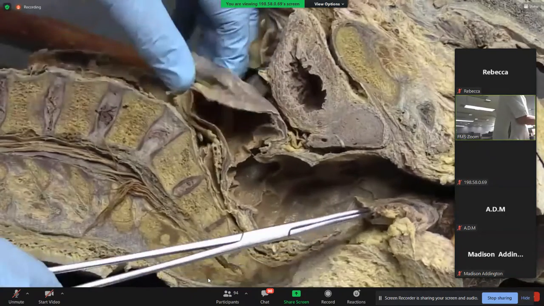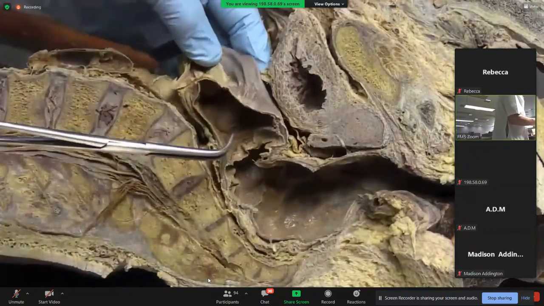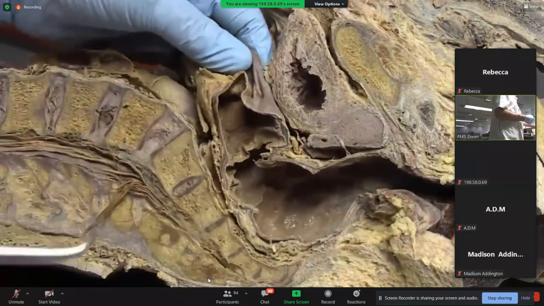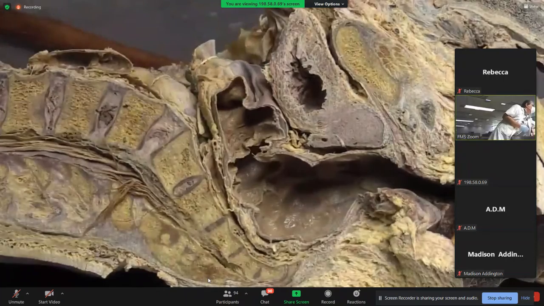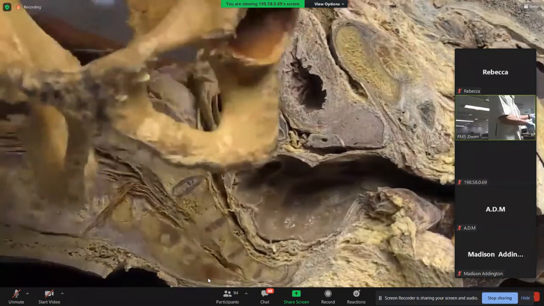Now, we say that most of the rectum is extraperitoneal. Well, let's look at some of the fascia around the rectum. On the wall of the pelvis, everybody knows that this is the true pelvis.